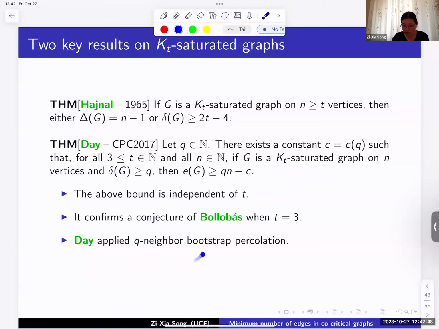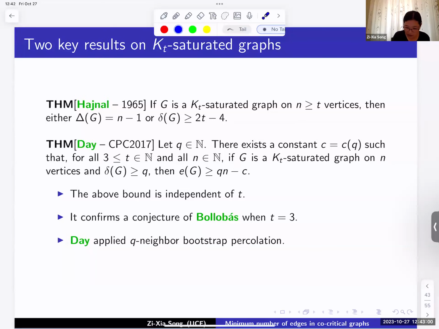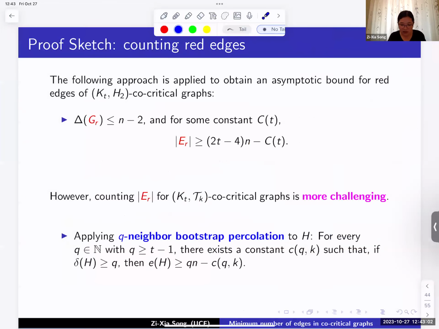We used his q-neighbor bootstrap percolation method. That one is quite involved, so I will not talk about our proof idea.